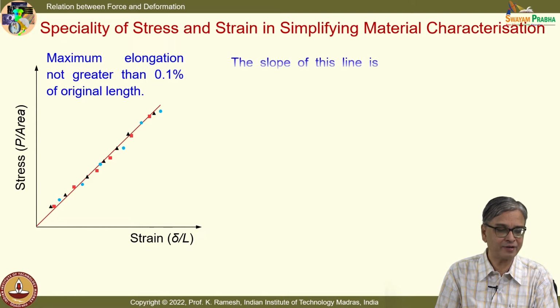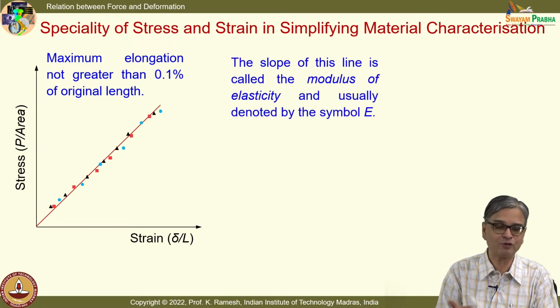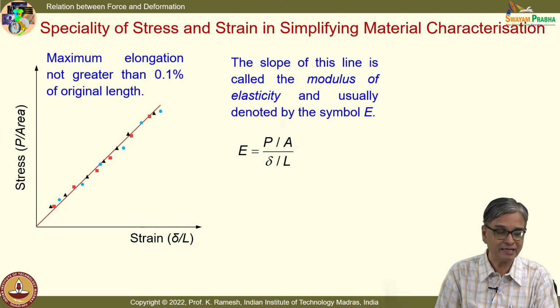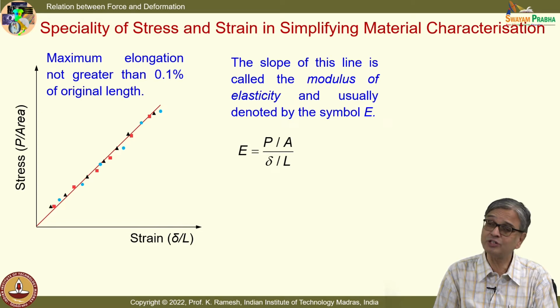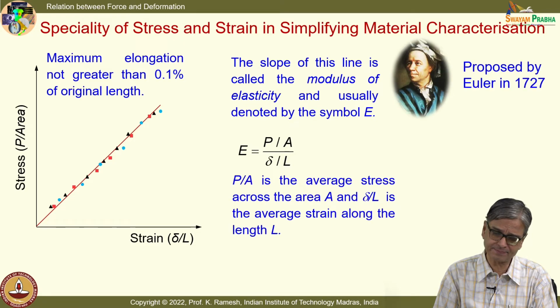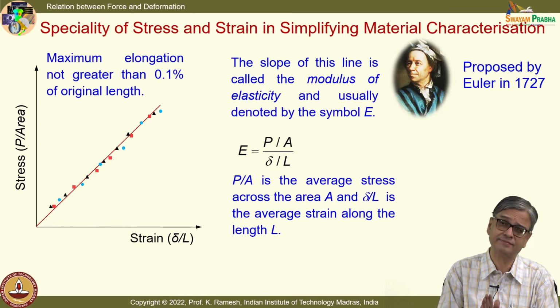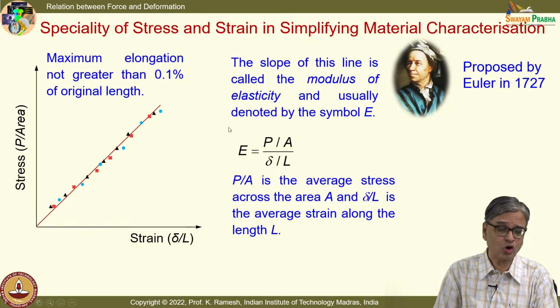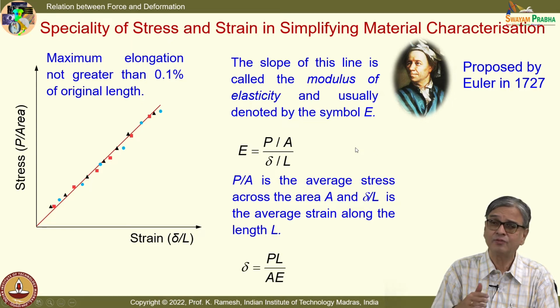and people, like we have F equal to K delta, have also put this E equal to P by A divided by delta by L, and this is famously known as Hooke's law. But if you look at history, this was actually proposed by Euler in 1727, and you call this E Young's modulus, whereas Thomas Young got this understanding only in 1807.